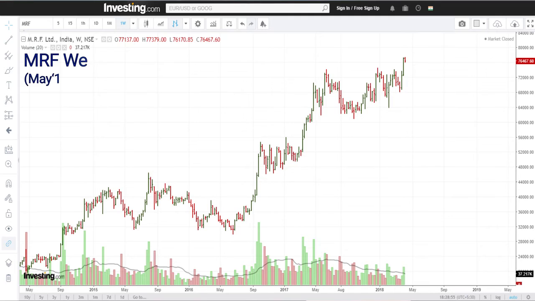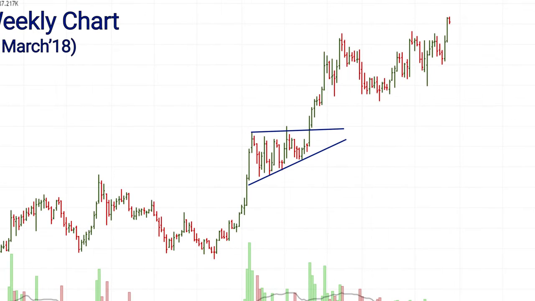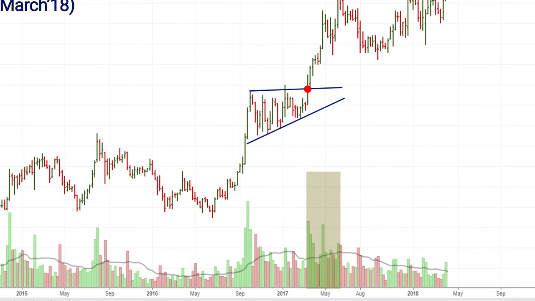Another example we are looking at is the MRF weekly chart. As we can see, when the breakout happened, the volume increased quite a bit, and we can see the beautiful up move MRF stock had after the breakout from the ascending triangle.